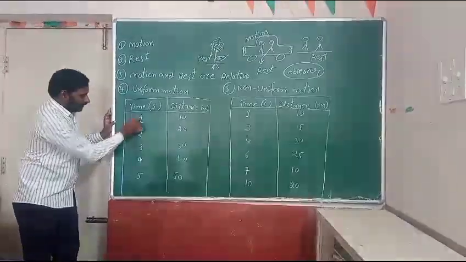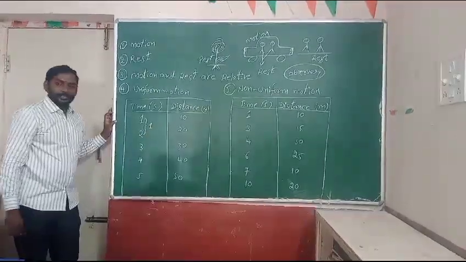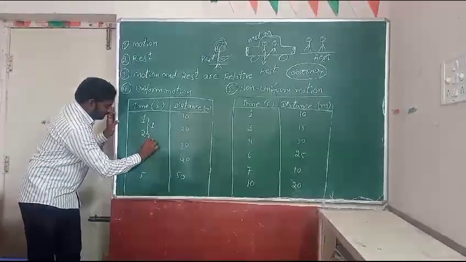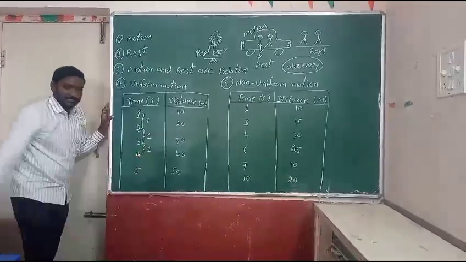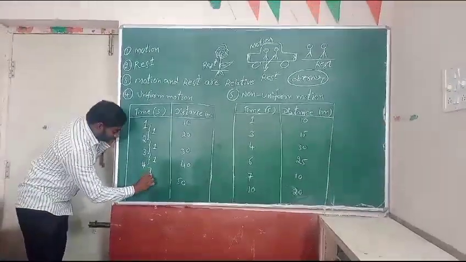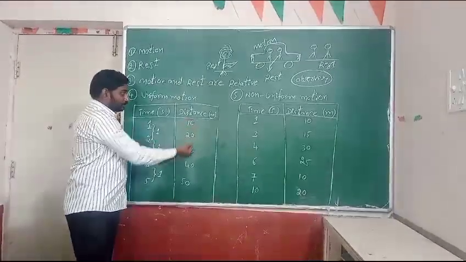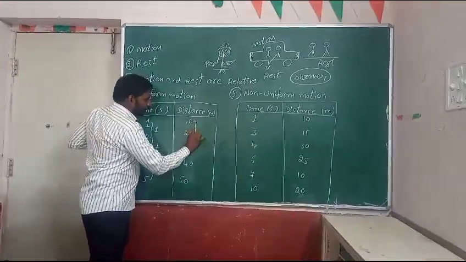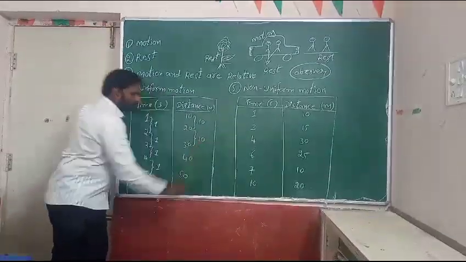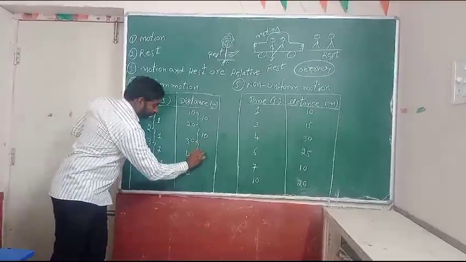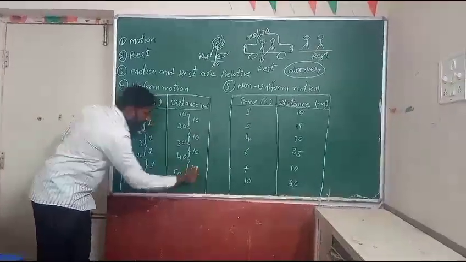Now we observe the difference between 1 and 2, 1 second, between 2 and 3, 1 second, between 3 and 4, 1 second, and between 4 and 5, 1 second. At the same time, the differences between the distances are 10 to 20, 10; 20 to 30, 10; 30 to 40, 10; and 40 to 50, 10.